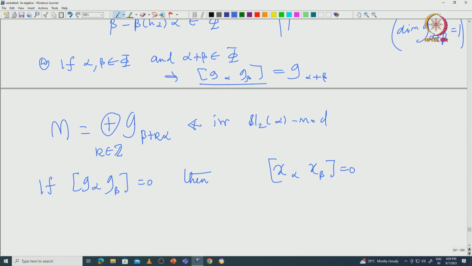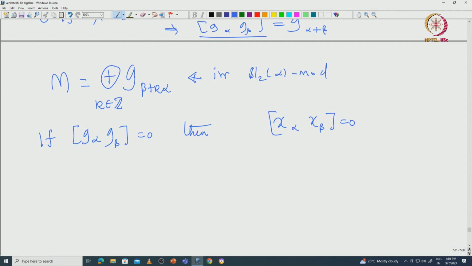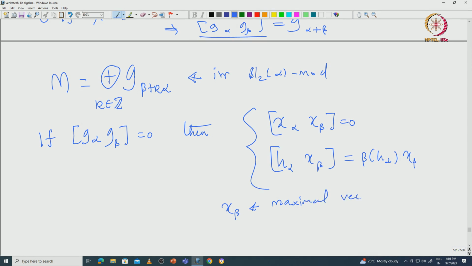So, H alpha acting on X beta is going to give us beta of H alpha times X beta. That makes X beta a maximal vector inside your M, with eigenvalue beta of H alpha.